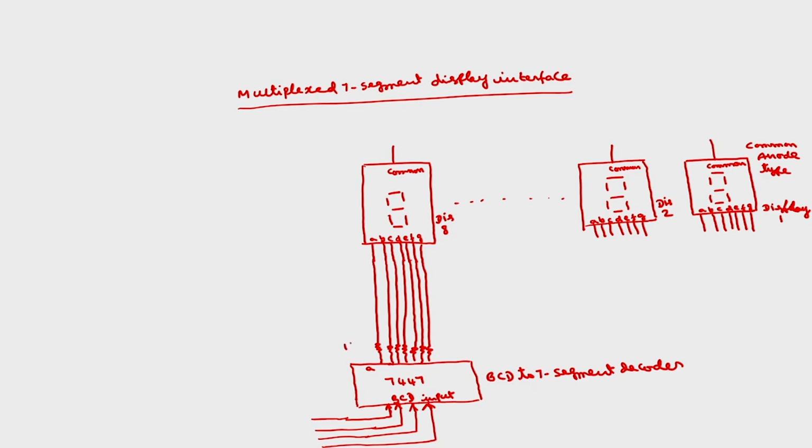These are all 150 ohm resistors, which are called current limiting resistors. This is segment A, B, C, D, E, F, G.